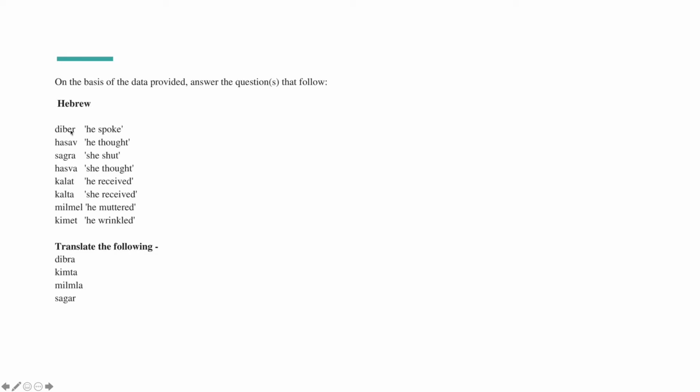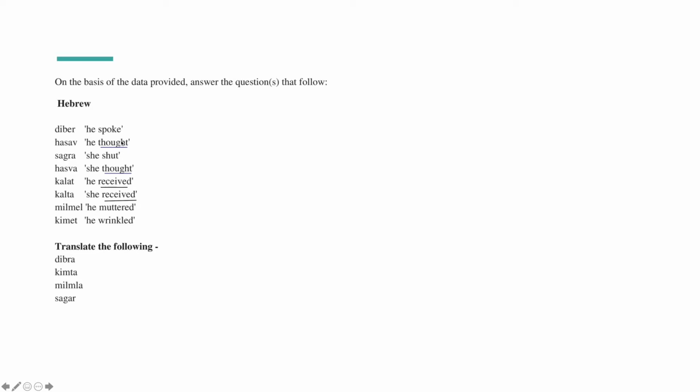So I'll be going through the way that I thought and processed this question before we move on. We mainly got what we had to do. So first things first, I took a quick look at the data given and just picked up the similar words. So I know that they are he and she, and they're different verbs, and there are only two verbs that reoccur, which are thought and received.